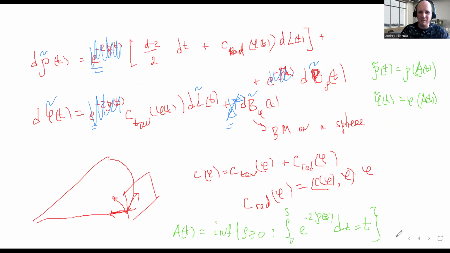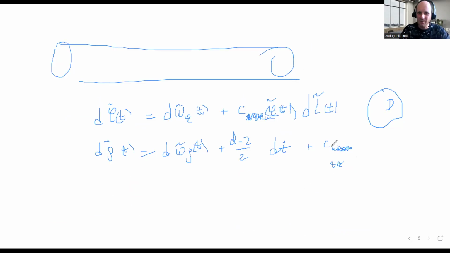Sorry. So this is tangential, and this component is the radial component of phi of t dL t.